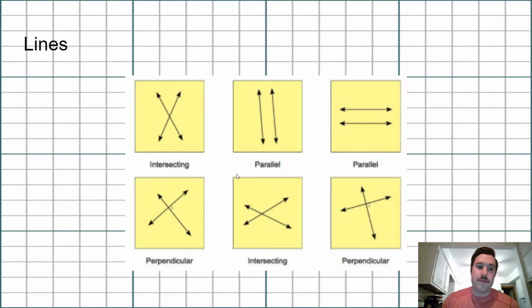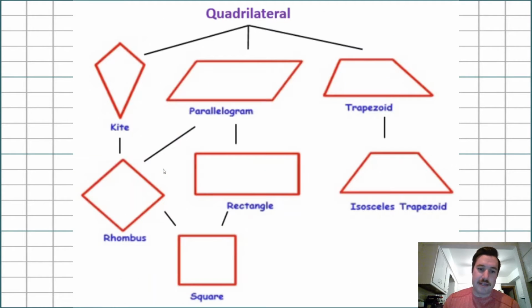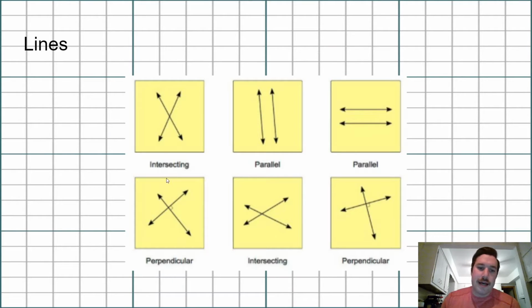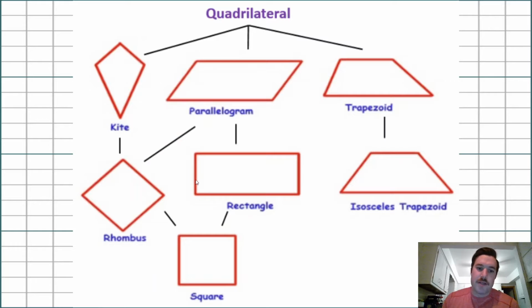Now, I want to talk about another way we can classify shapes, and that's by the lines in the shape. When 2 lines run into each other, they are intersecting. So let's look at this rectangle, for example. This line here, going up and down, vertically, and this line here, going horizontally, they touch. Since they touch each other, they are intersecting.